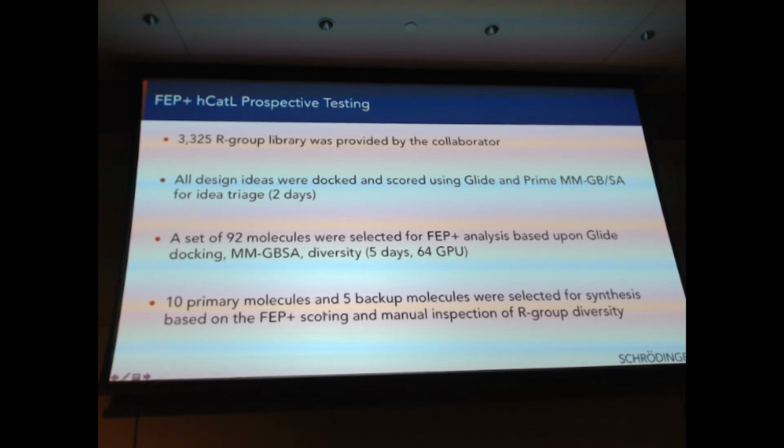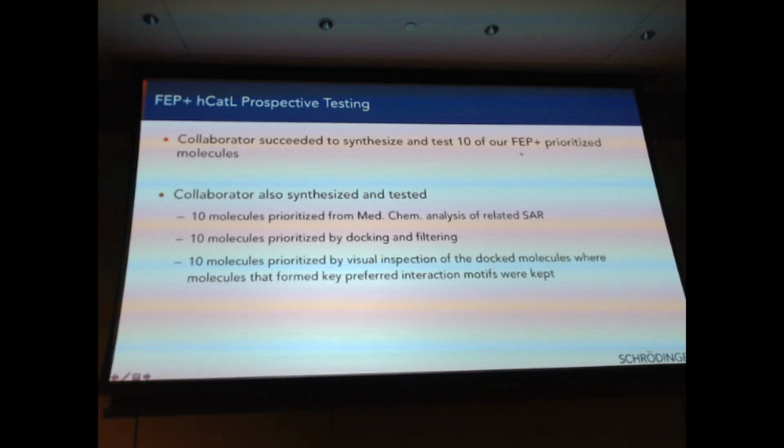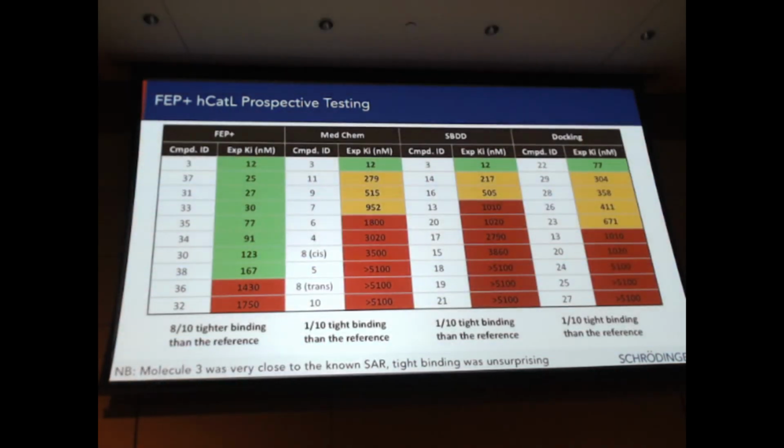Then the collaborator made 10 of the compounds selected by FEP, and also 10 compounds from each of the 3 other methods. Okay, this is important. Here are the results. 8 out of 10 recommendations by FEP indeed bind stronger than the reference. By comparison, the 3 other methods available to the chemists only identified 1 potent binder compared to the initial lead compound.